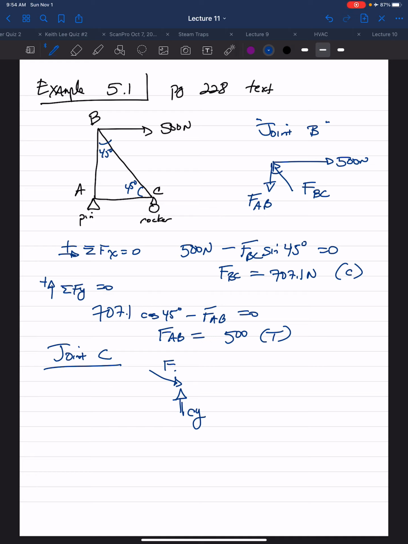We know FBC, as we already calculated, is 707.1 newtons. And therefore, FAC must be going to the left to balance out the positive x direction component of FBC. Remember, it all has to be in equilibrium, so the sum in each direction must equal 0.